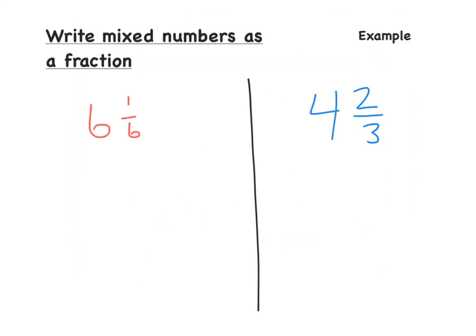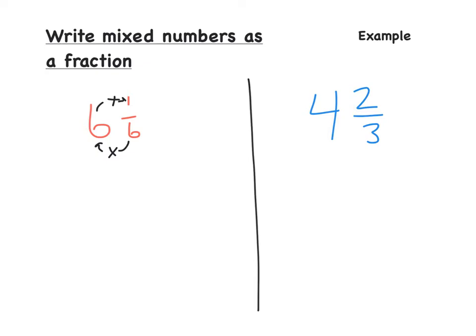Alright, so now we're going to write a mixed number as a fraction. This is a two-step process, which I think you should be able to catch on. So let's look at the first one. We have 6 1/6. So we take our denominator, which is 6, and multiply it by the whole number, which is also 6. So we would do 6 times 6, which is 36, and we add that together with 1, which is in the numerator.